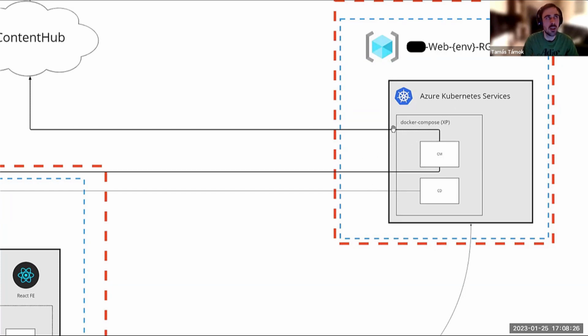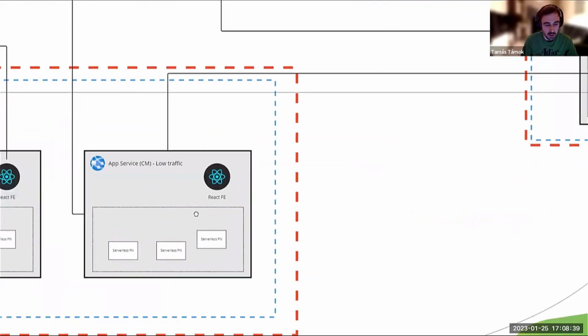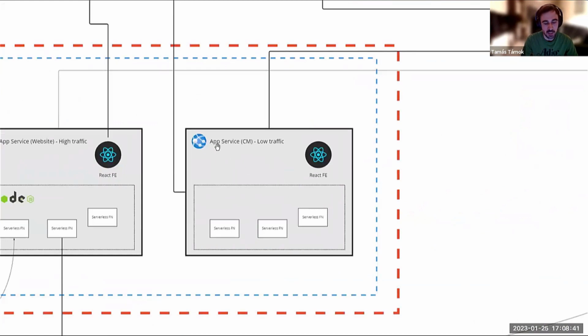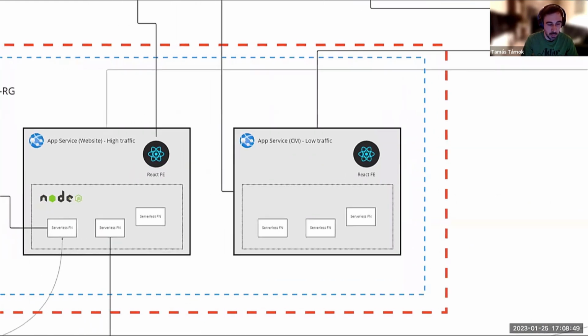We were thinking about putting the front-end application in Kubernetes too, but just for simplicity, we used app services. These are Linux-based Docker images run by an app service.